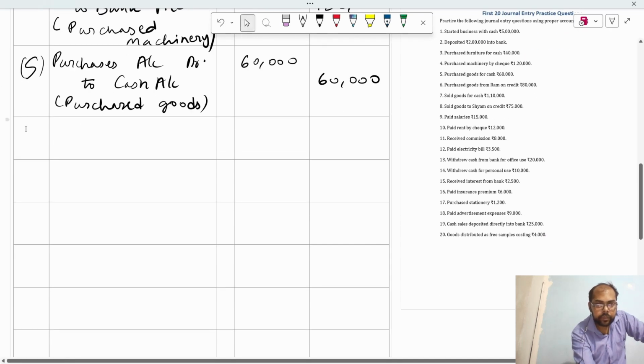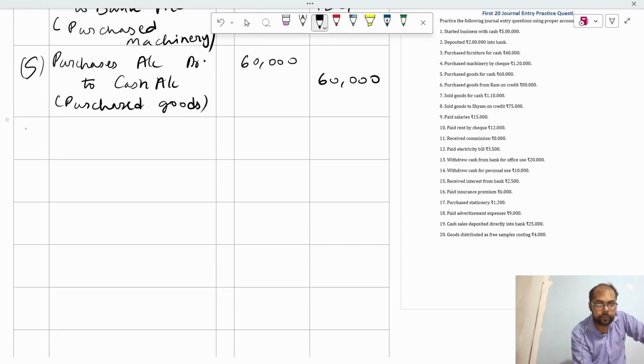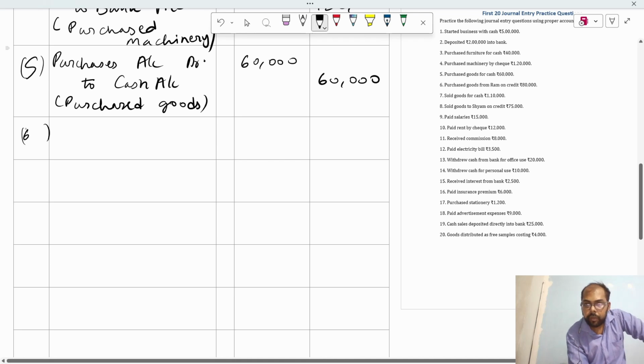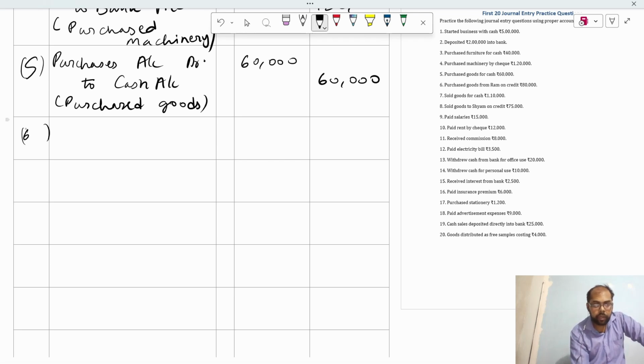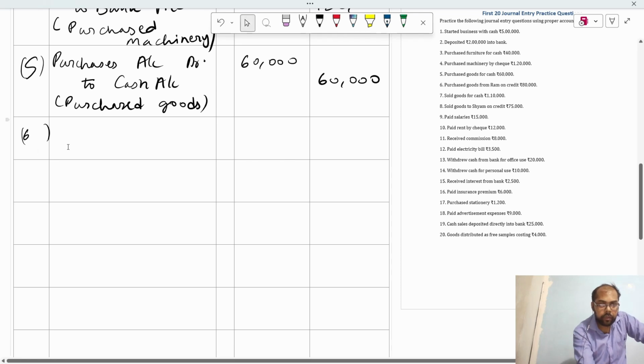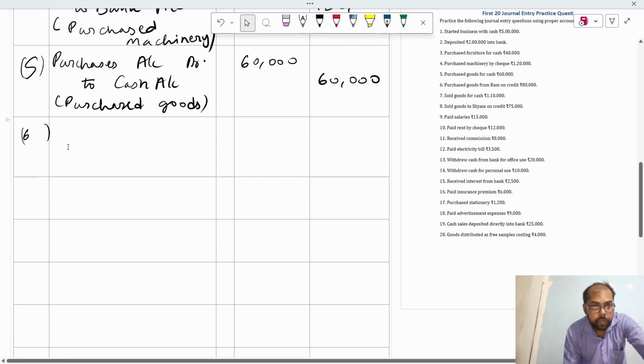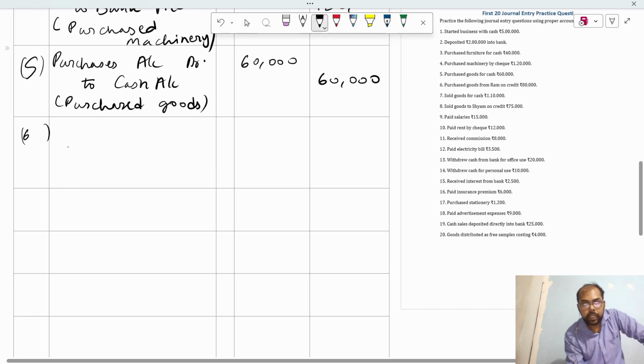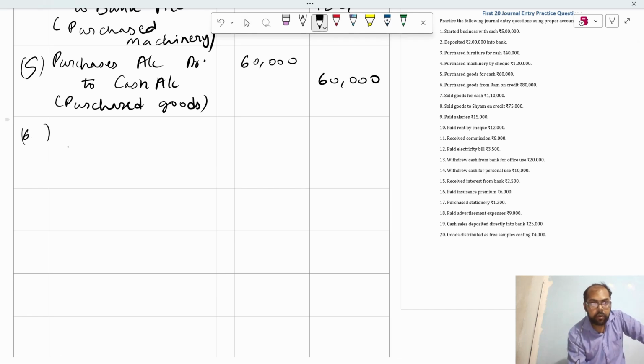The next point is purchased goods from Ram on credit. Now you have to pay attention and be careful here. Goods are purchased, and we know that whenever we purchase goods, it is for resale. Therefore, instead of goods, we use the purchases account.